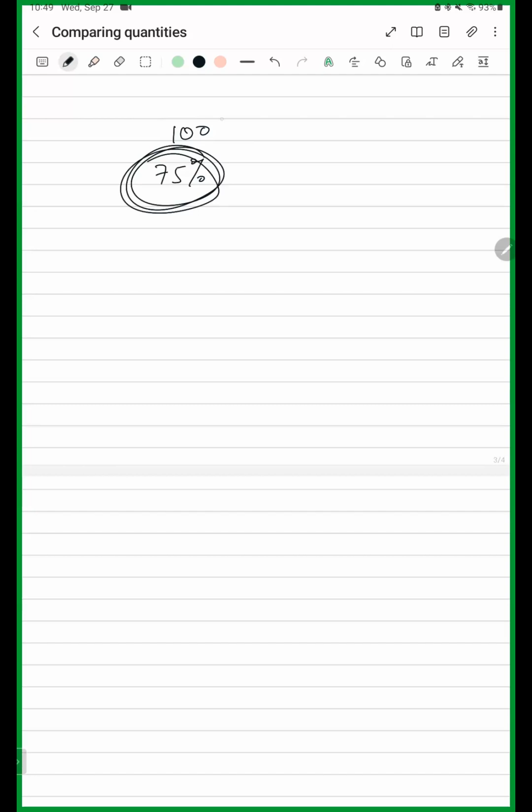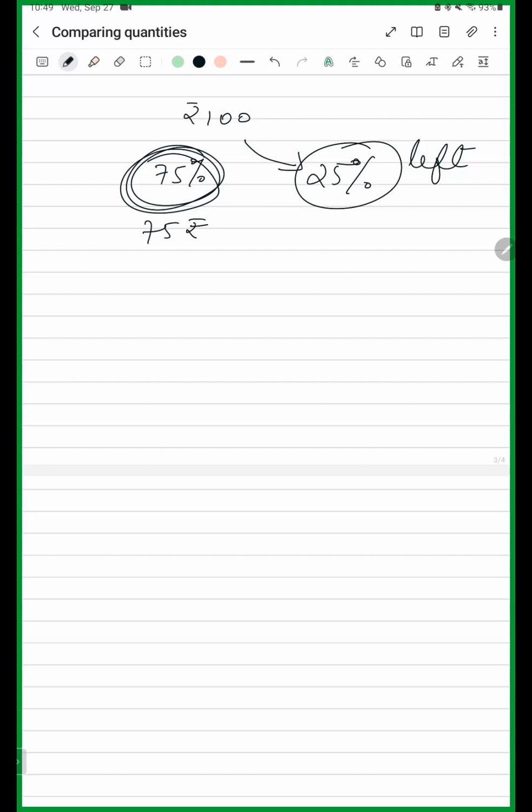Then how much is left with her? 25% is left with her, because 75 plus 25 is 100. That means if she had 100 rupees in the beginning, she spent 75 rupees and is left with 25 rupees.